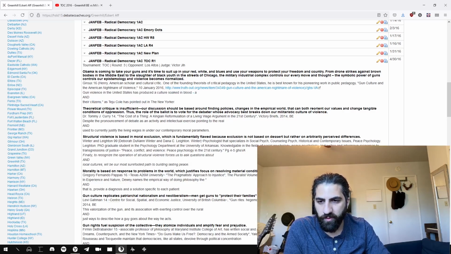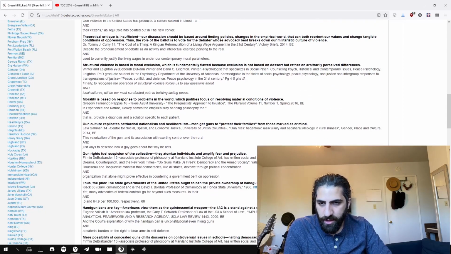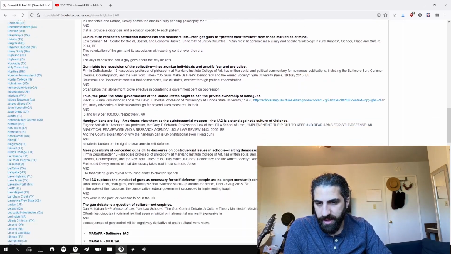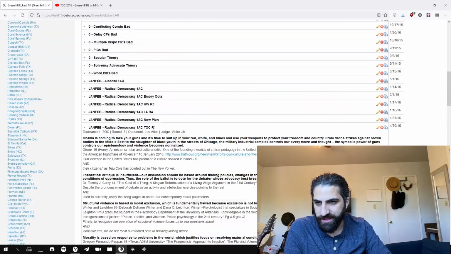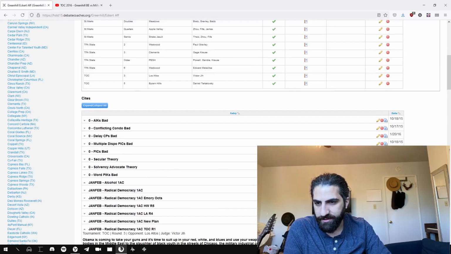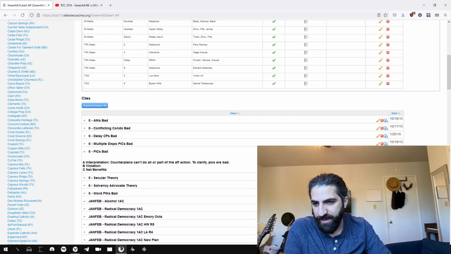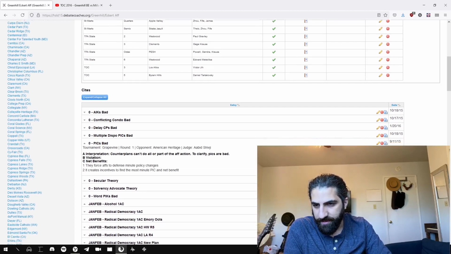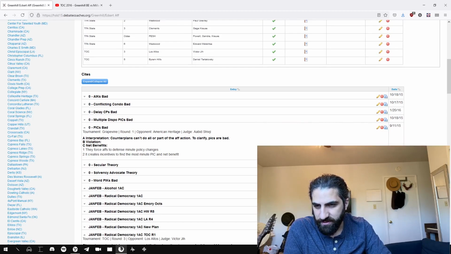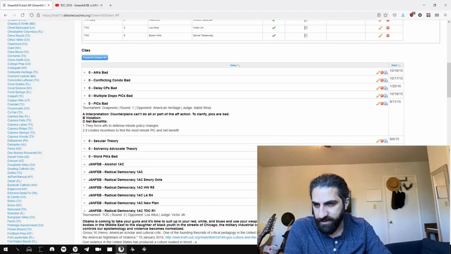So this isn't the speech doc, it doesn't contain word for word what they're saying out loud, but you can use this to look up the sources and so on, and basically prepare answers. And you can also see what theory this person is reading. So here's Picks Bad. That's a pretty good theory. They force AFs to defend minute policy changes. I don't see why that's bad.